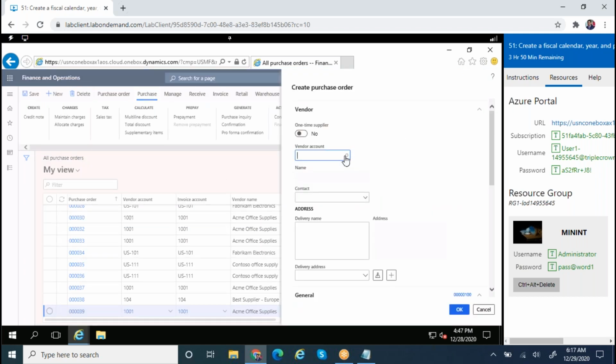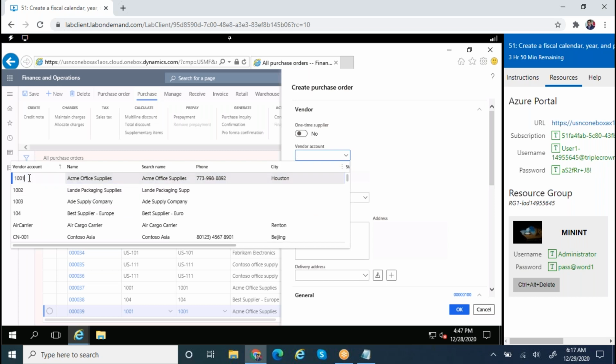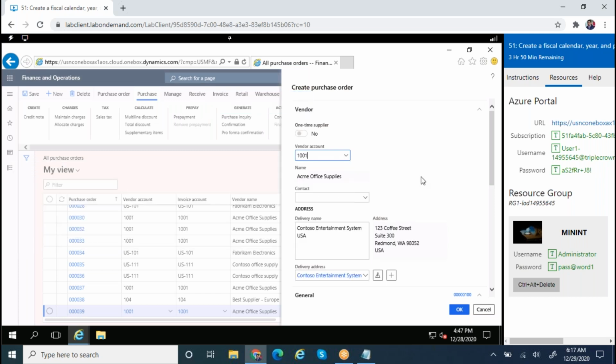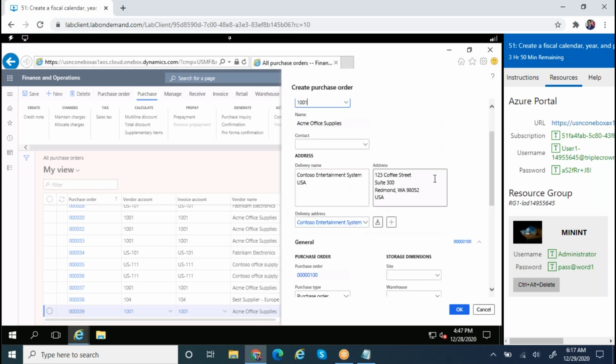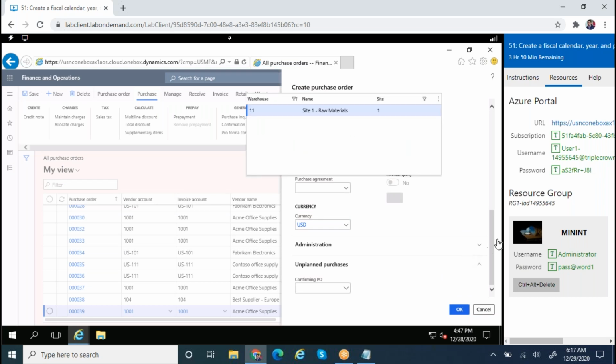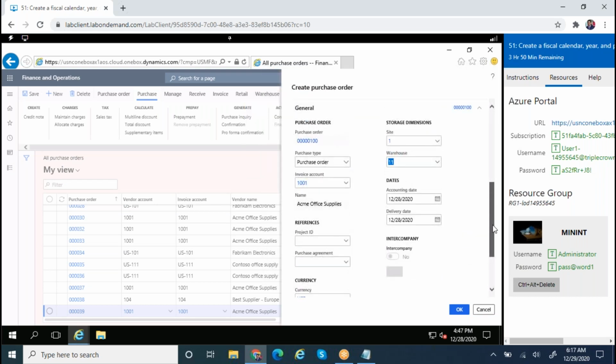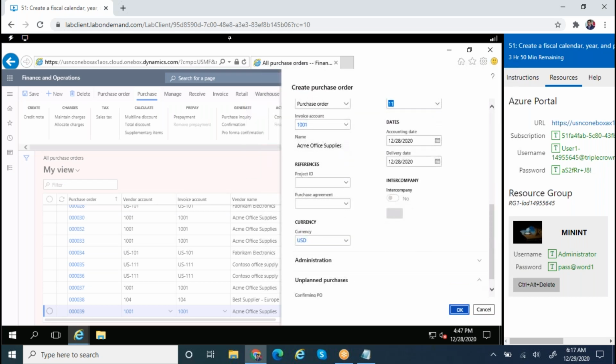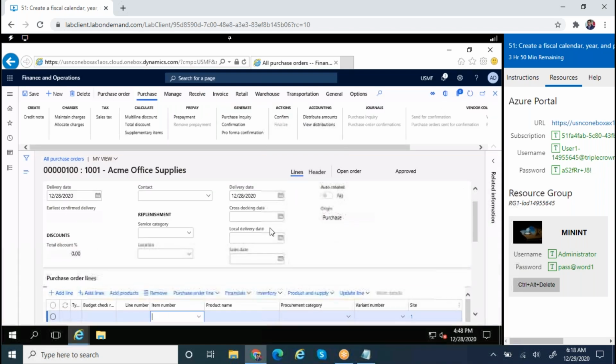Both scenarios we will quickly see. So item 1000, I'm taking the same item.